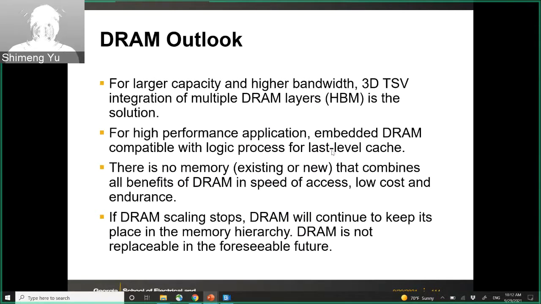This is more and more important today for high performance computing, because we need a very large cache on chip, and SRAM cannot do that. If we can use embedded DRAM for the last level cache, then we can improve the system performance, because it has much larger capacity than the SRAM. So this is very useful for things like machine learning acceleration.